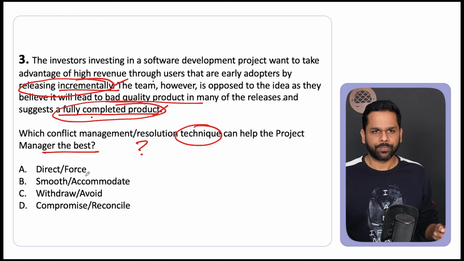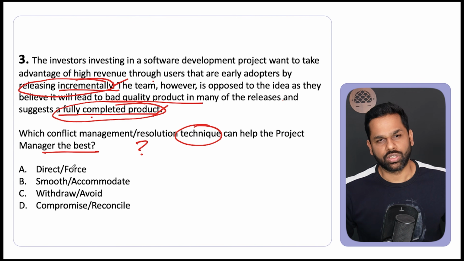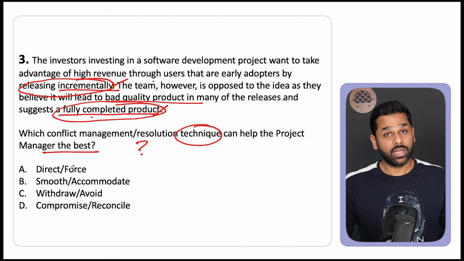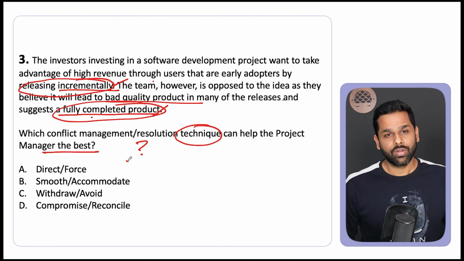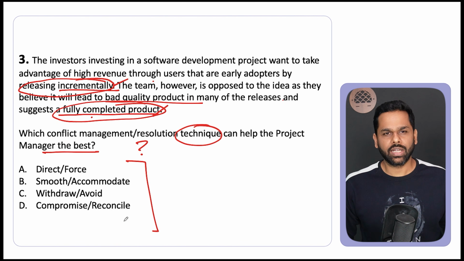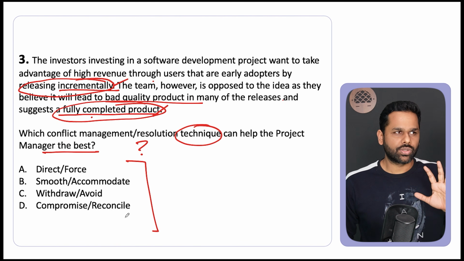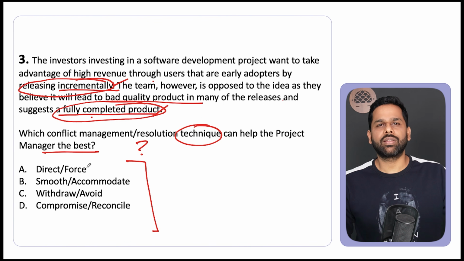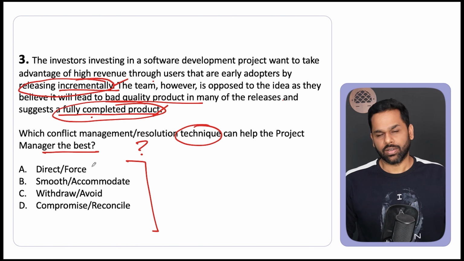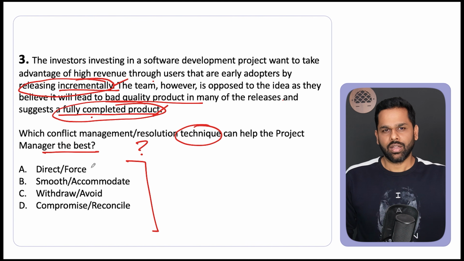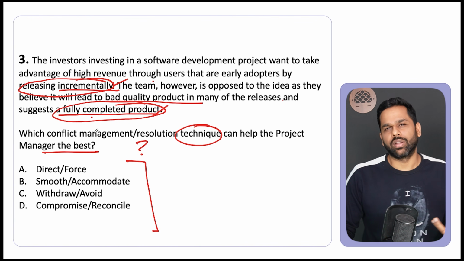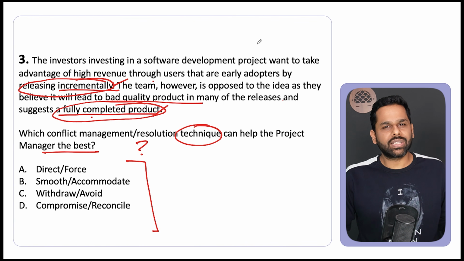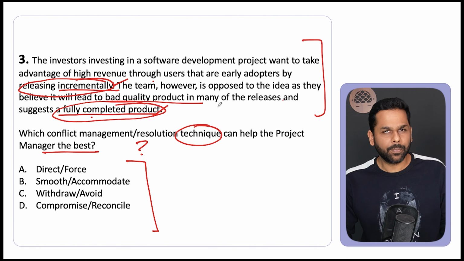Okay. So let's see. Direct and force. Now, to be able to answer this question, you should know all the 5 techniques. The fifth one is missing here, but you should know all the 5 resolution techniques so that you can take a decision. Direct and force means you are directing somebody to do this, forcing somebody to take this decision. Why would that be true here? We would want to understand the conflict a little bit better.